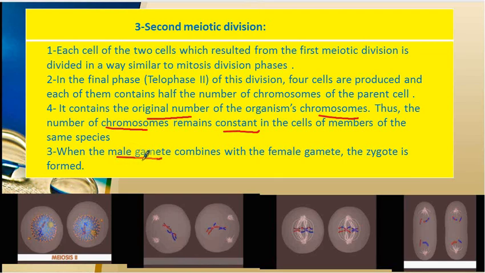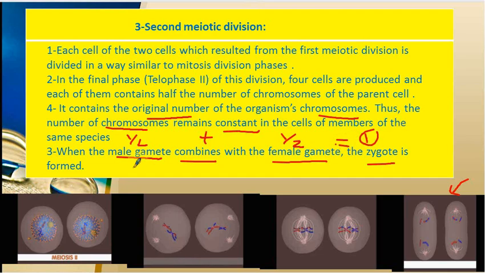When the male gamete, which is produced from the male, so any cell produced here is a gamete, male gamete or female gamete, combines with the female gamete, and as we know the male gamete has half the number of chromosomes and the female gamete also has half the number of chromosomes, the zygote produced, which is the baby, has the full number of chromosomes like the parents.